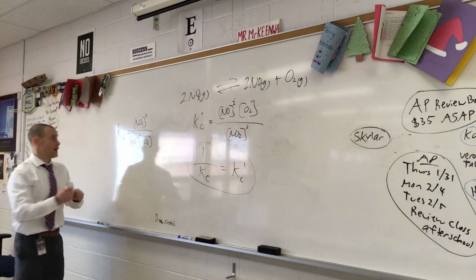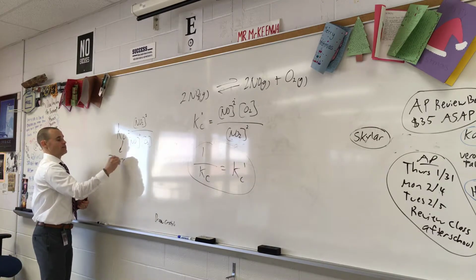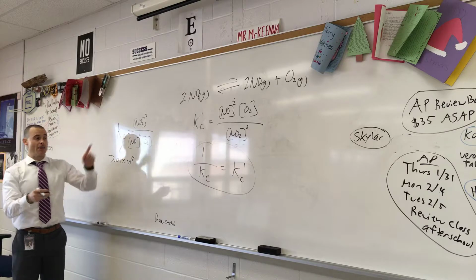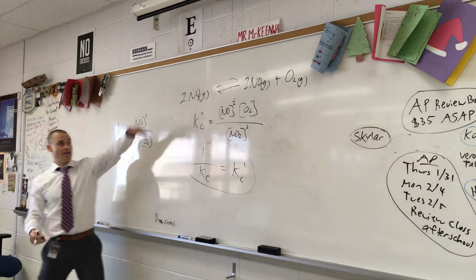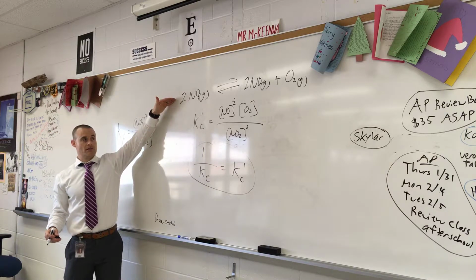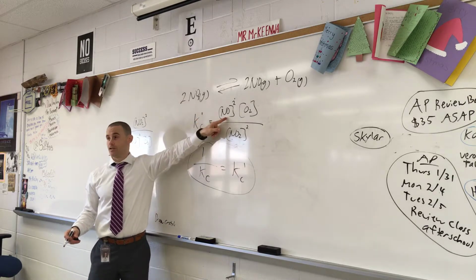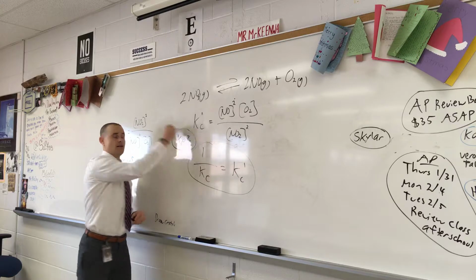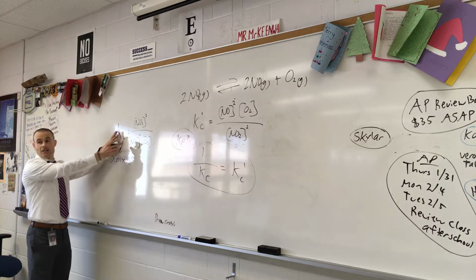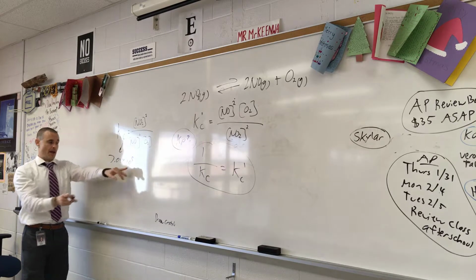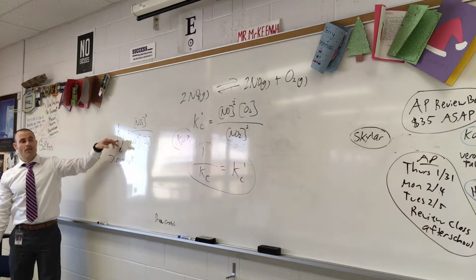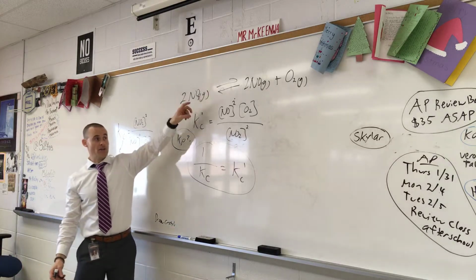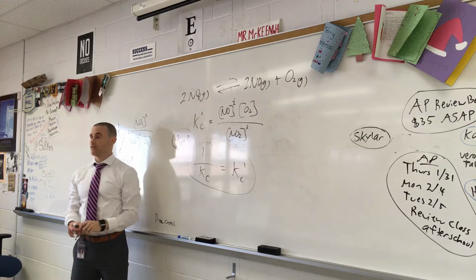In other words, if I tell you this is 7.01 times 10 to the 5th, and then on an AP test, they give you this reaction, they don't give you the concentrations, and they ask, okay, what is Kp? So they give you that first reaction and the value of K, then they say, okay, now the reaction's flipped, what's the value of Kp?